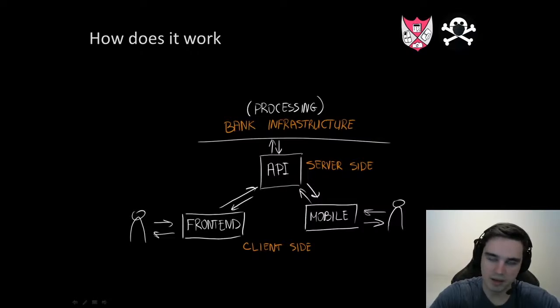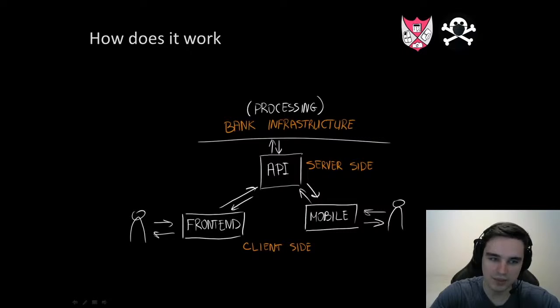Maybe there are banks with AJAX requests, but I haven't met one. Mobile is totally the same, but the mobile application is like a custom-made browser. Front end and mobile work with the API, the server side: they send requests to the API, get responses from the API, and render them.